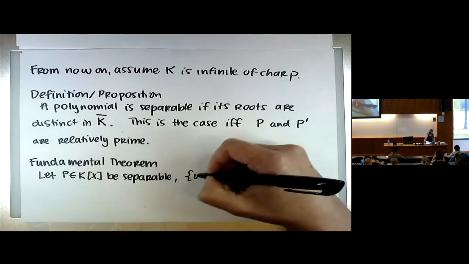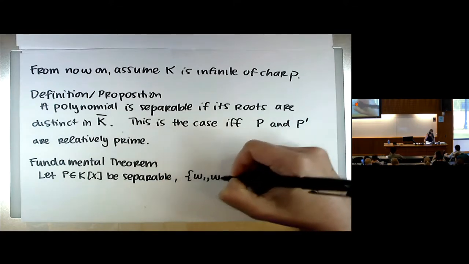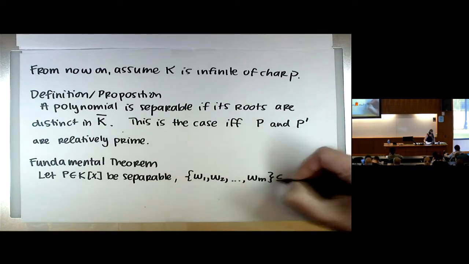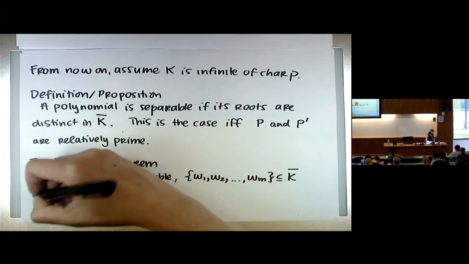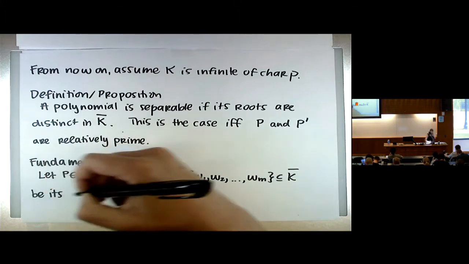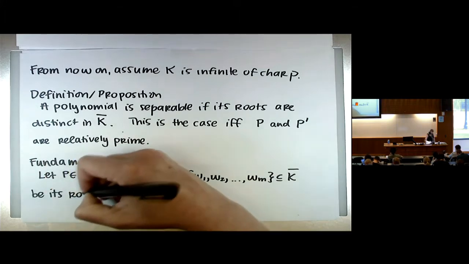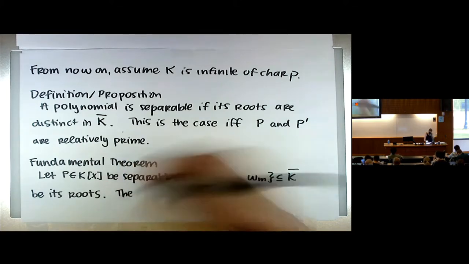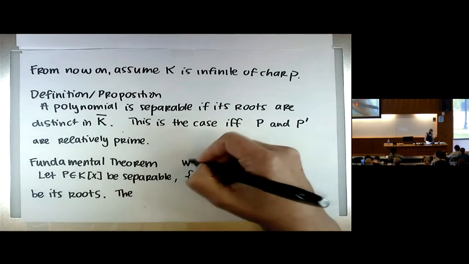And I'm going to denote its roots to be W1 through Wm. Okay, they're all distinct. So this is a degree M polynomial because all the roots are distinct. Then, and I'm going to call this set big W.